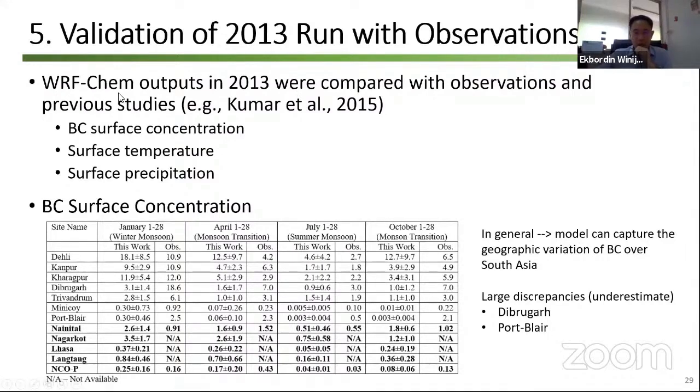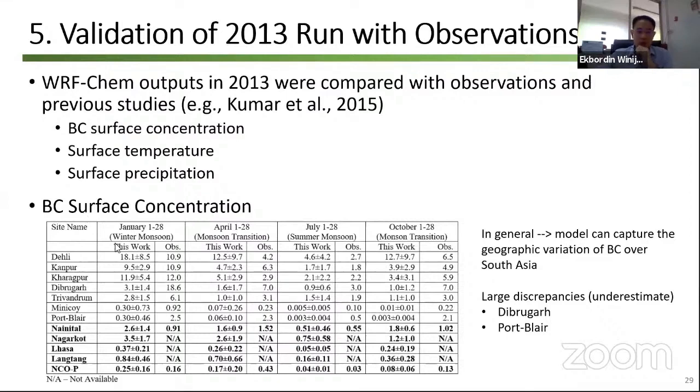The model output in this case study for 2013 was compared with the observations in terms of surface black carbon concentration, surface temperature, and also surface precipitation. Right now, this one is the table. As you can see, there are different locations. The ones in bold are the locations in the study area, in the HK region.